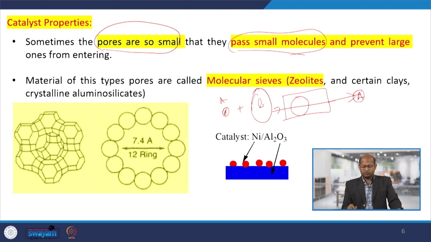Since the pores are very small, B molecules cannot pass through these pores; only A molecules may pass through the catalyst pores.